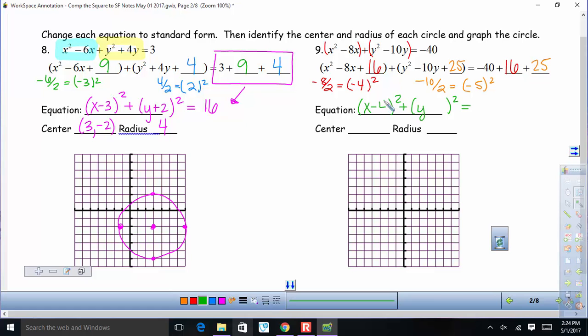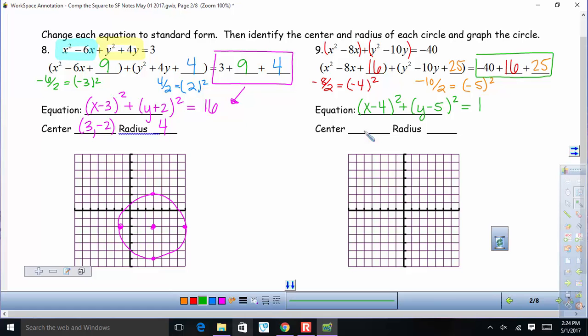So what did we get for the x when we divided by 2? A -4. What did we get for the y when we divided by 2? A -5. Okay? And then Grissom, how do I figure out what r squared is? We do what? So we add up everything right here. We do -40 plus 16 plus 25, and what does that give us? 1.